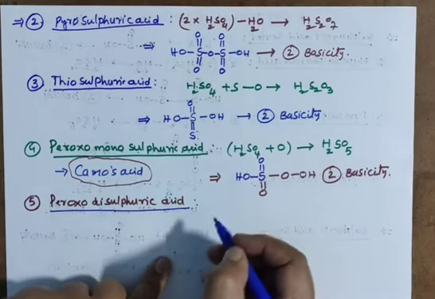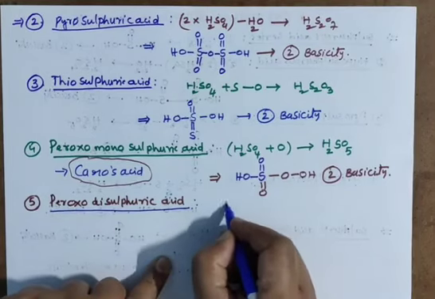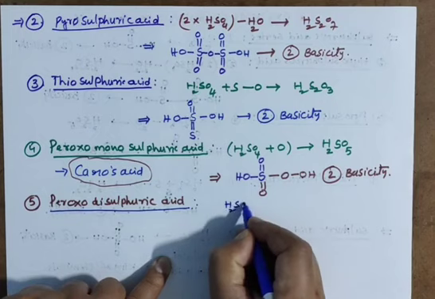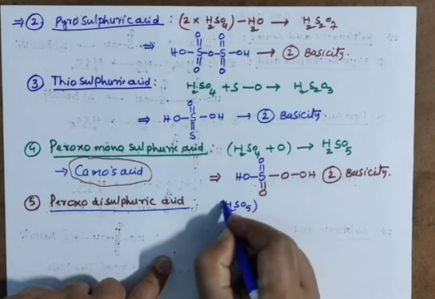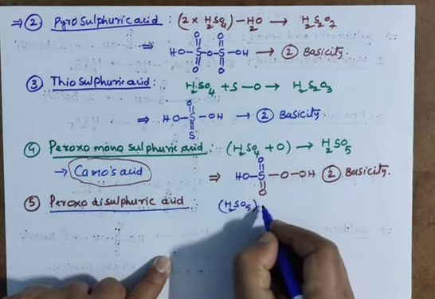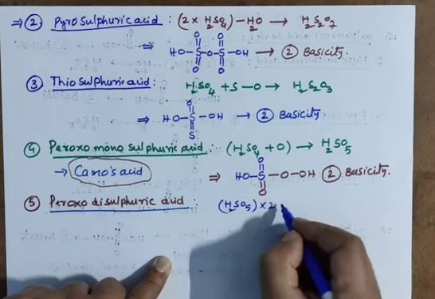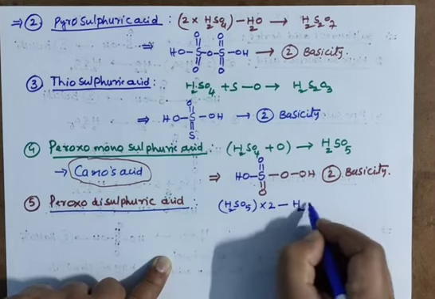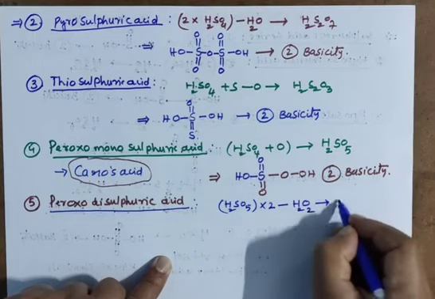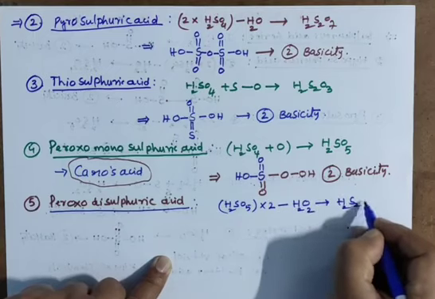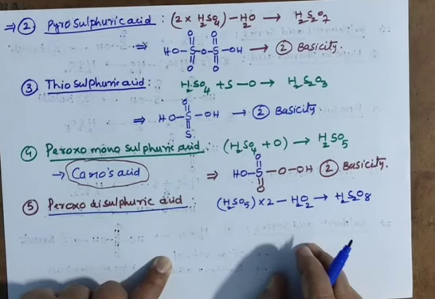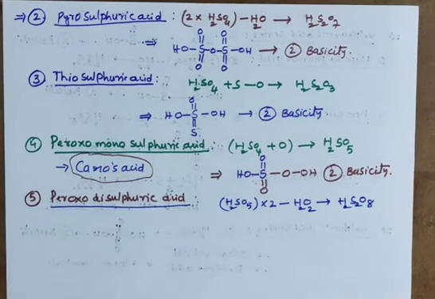Take peroxomonosulfuric acid, multiply with 2, remove H2O2, and you are getting H2S2O8. This is peroxodisulfuric acid.